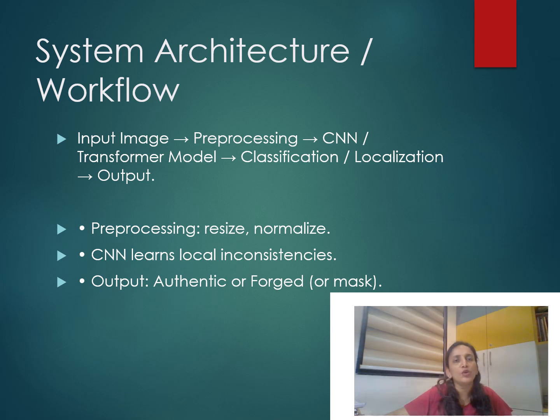This visual output helps investigators or forensic experts pinpoint the forgeries. Finally, the system gives a clear result, whether the image is genuine or forged, and if possible, marks the forged areas. This can be very helpful in journalism, legal cases, and social media verification.